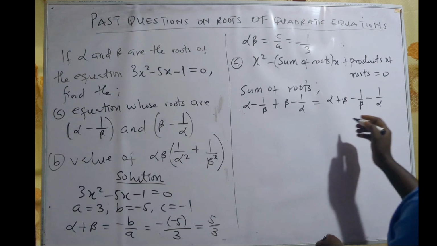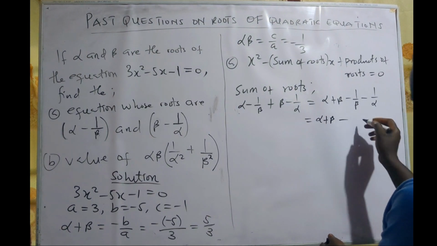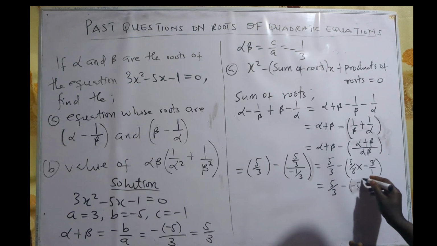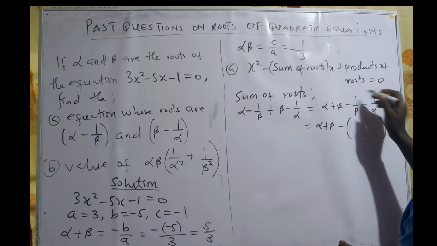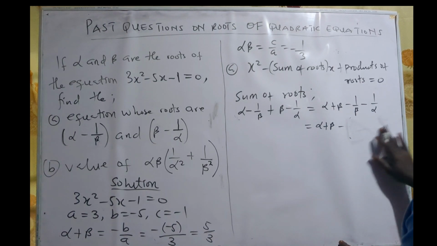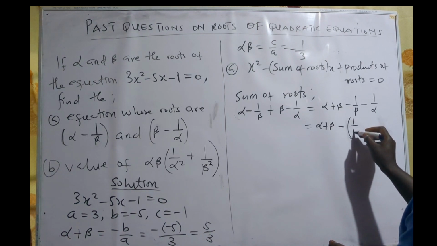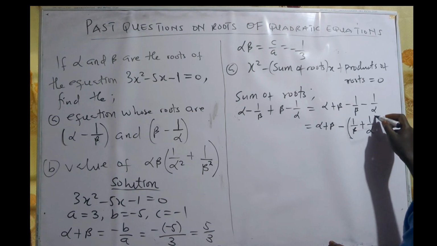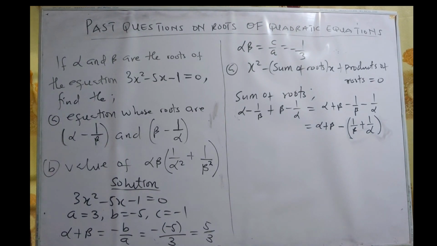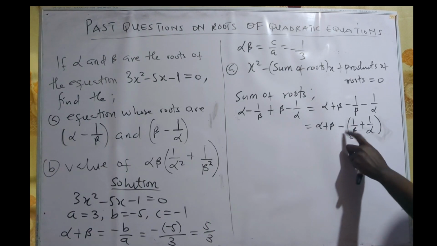Okay, so what we can do is take notice that, let me write it in such a way that before we find the LCM we get the understanding. So 1 over beta plus 1 over alpha, with a minus in front, so that when we remove the bracket we get back the same thing.